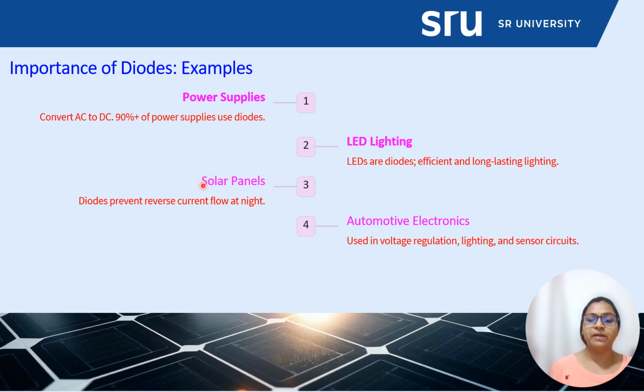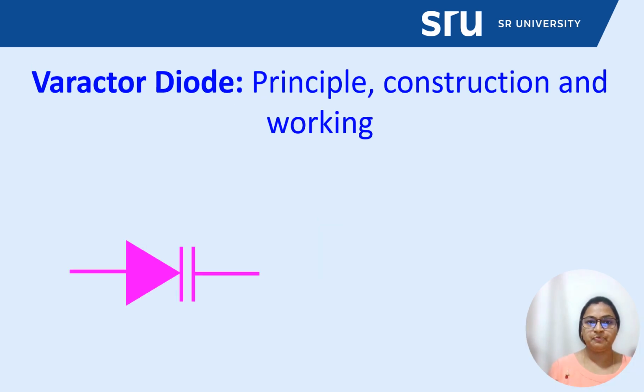Solar panels basically depend on sunlight, so in the daytime we can store it in the form of electricity with a semiconductor diode, because a semiconductor diode has very good capacity to absorb light, and then we can use it at night when there is no sunlight. And automotive electronics use diodes in voltage regulation, lighting, sensing, and various other applications.